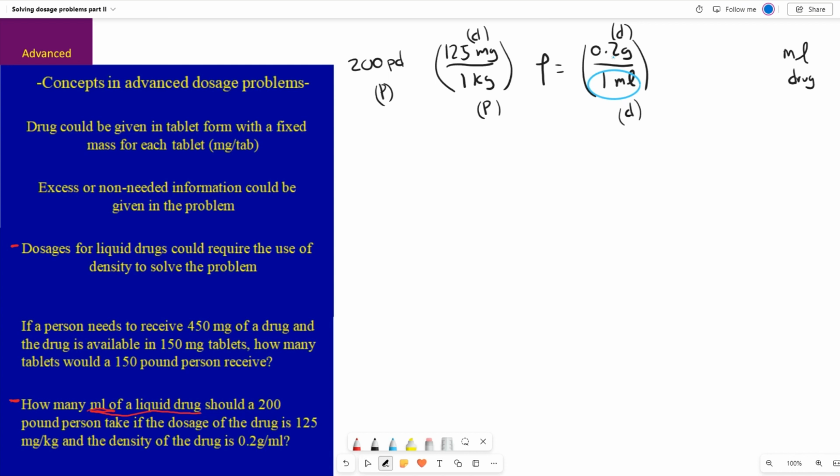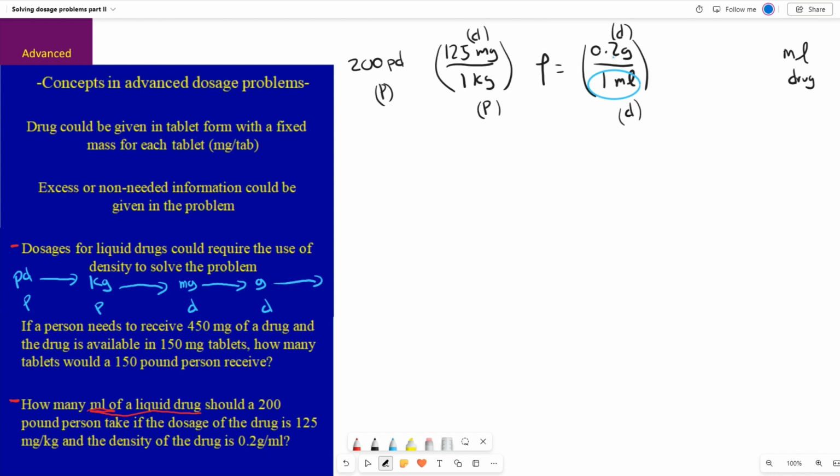So how would we go about solving this? You're going to start with pounds of person. We're going to convert that into kilograms of person. And then we'll use the dosage to go to milligrams of drug. And then we'll go to grams of drug.